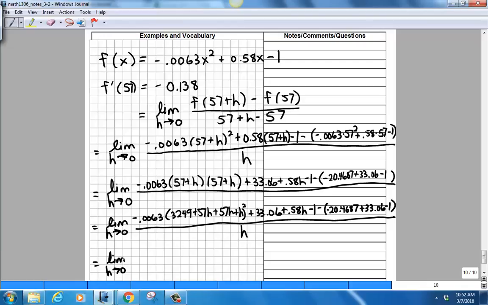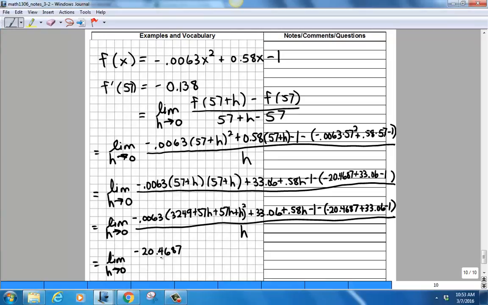All right, now, let's distribute that minus 0.0063. So what is minus 0.0063 times 3249? Well, I can tell you right now, it's going to turn out to be minus 20.4687. Is that right? Yeah, because we've actually already done that. That is minus 0.0063 times 57 squared.